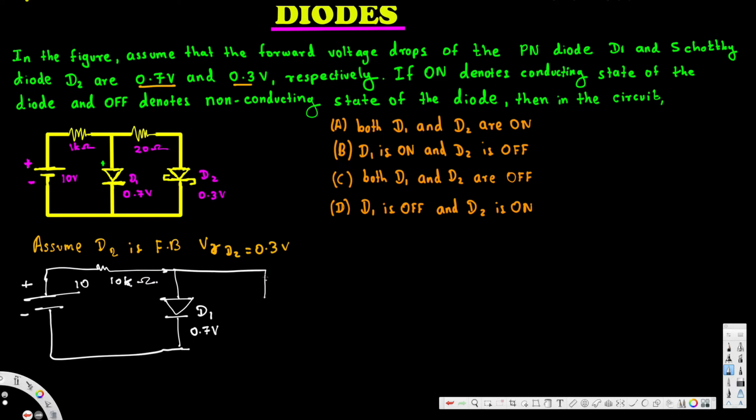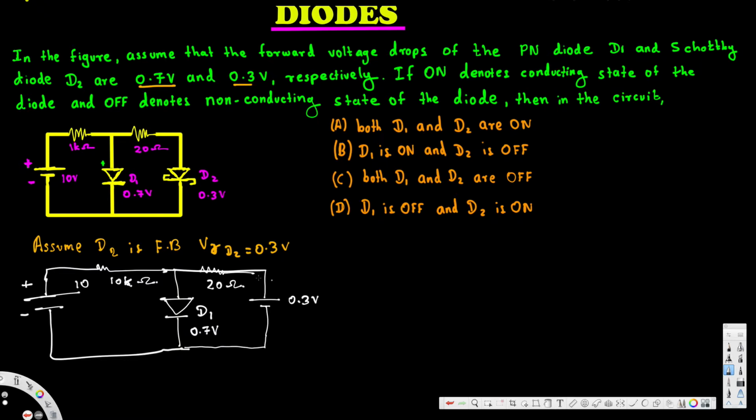And we are going to replace this diode with a voltage drop of 0.3. Also we have a resistance right here, that is 20 ohm. Now what we are going to do is calculate the voltage across D1 and see whether it is above 0.7 or below 0.7. If it's above 0.7, this diode is going to turn on and be in forward bias. And if it's below 0.7, it's not going to turn on, so it's going to be off. It's in reverse bias.